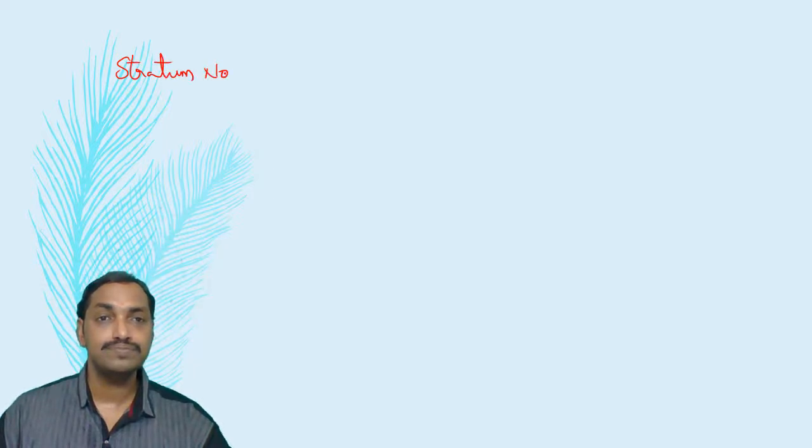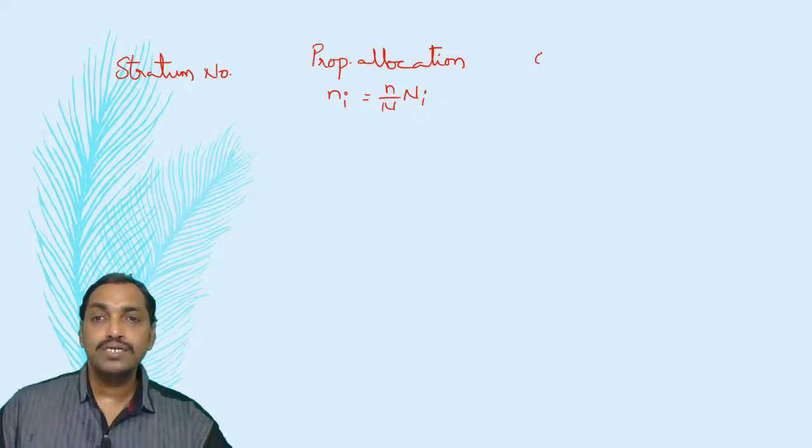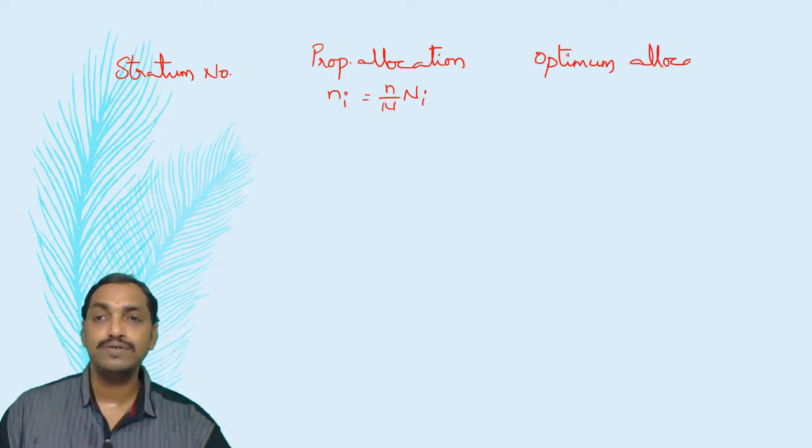So, stratum number 1, stratum number 2, and so on. Sample sizes using proportional allocation, which is given by the formula small ni is equal to small n divided by capital N into capital Ni. Similarly, using optimum allocation, which is given by the formula small ni is equal to small n into capital Ni into Si divided by summation i is equal to 1 to k capital Ni into capital Si.